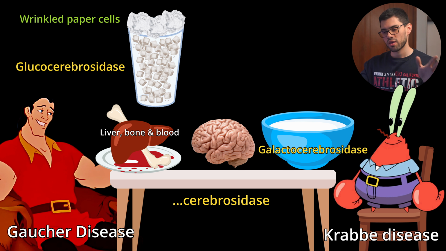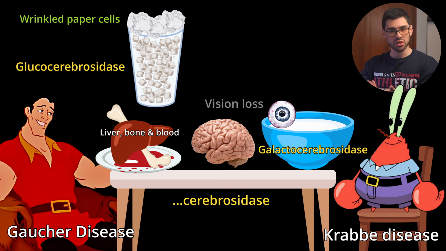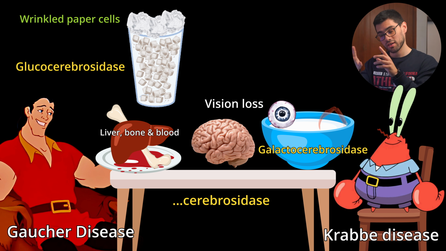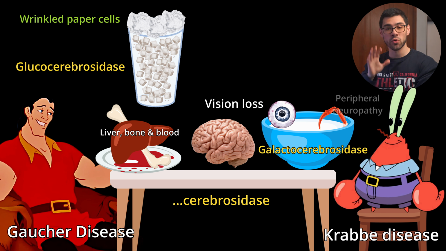Now there were three objects floating on top of the milk. Which were they? First, an eye, right? That's because in Krabbe disease there is optic atrophy that eventually leads to vision loss. So the eye leads us to remember the vision loss. Then there was a crab's leg. Every time we see a leg or an arm in this whole mind palace, we think of peripheral neuropathy.